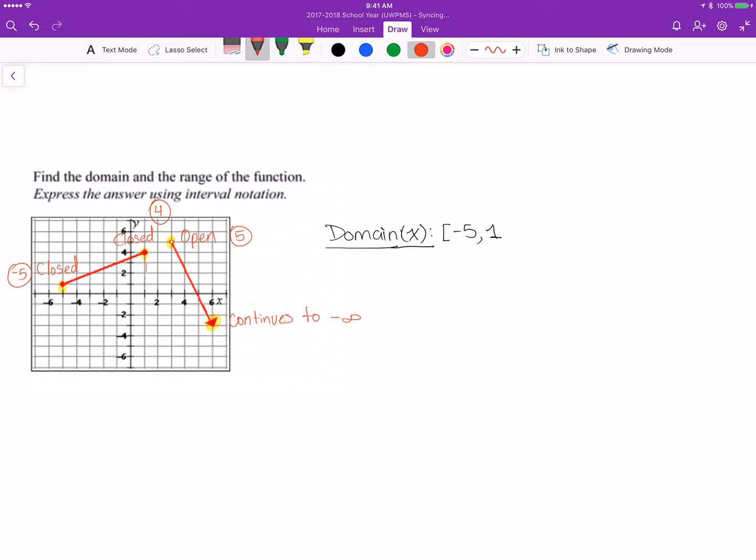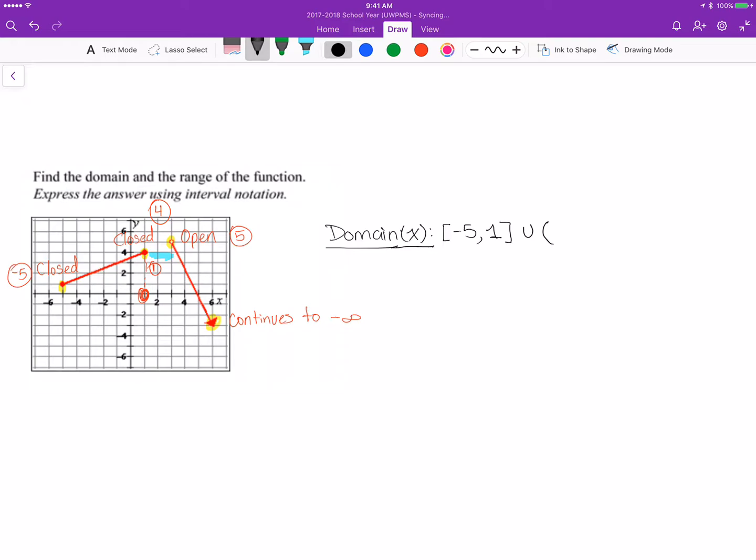Look at here. That 1 right here. That's a 1. Close union. I have to use a union because there's this jump right here that doesn't exist. And then my next part is open parentheses because it's an open interval.